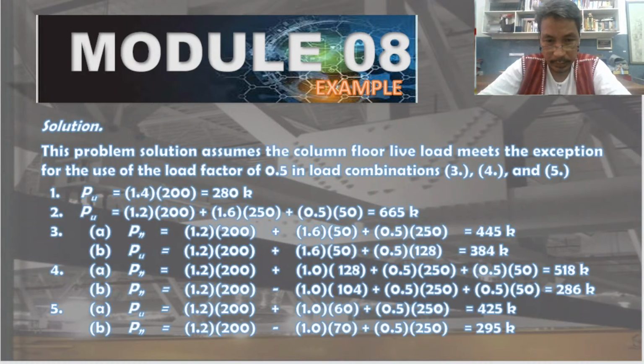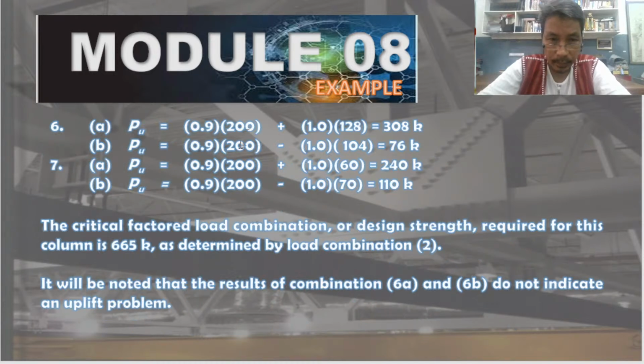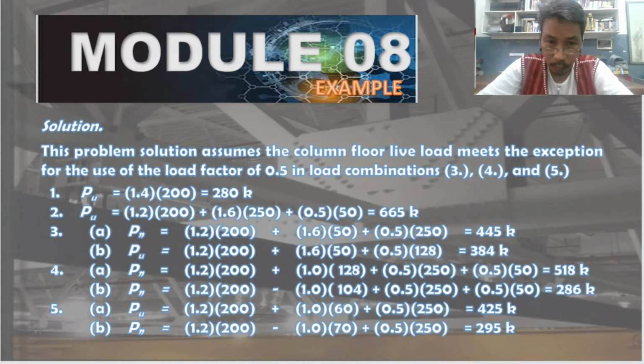So next, equation number 6. That is for wind, so only use the values for wind, plus and minus values for wind. And equation number 7, use the plus and minus values for earthquake. So that's all.